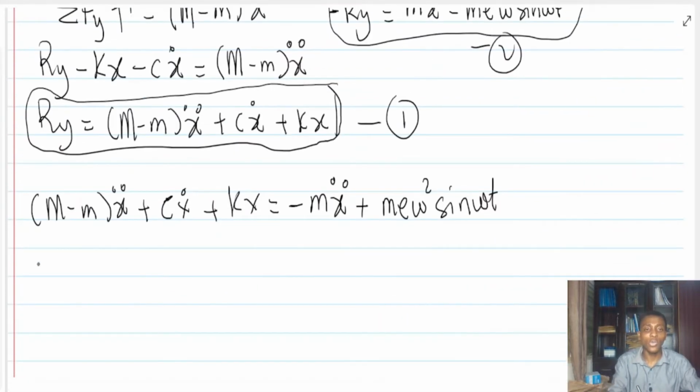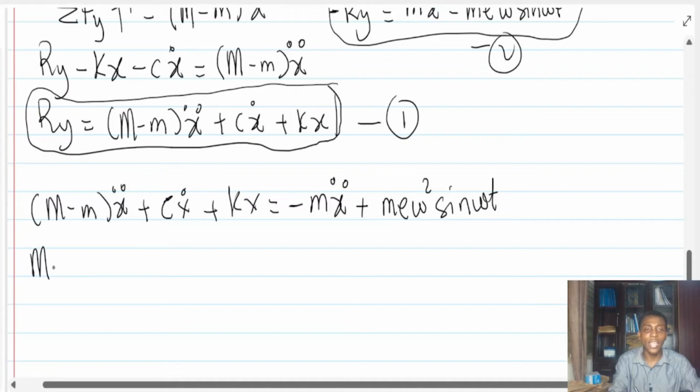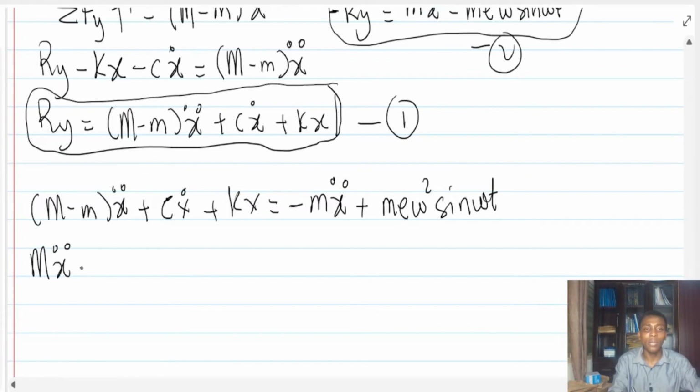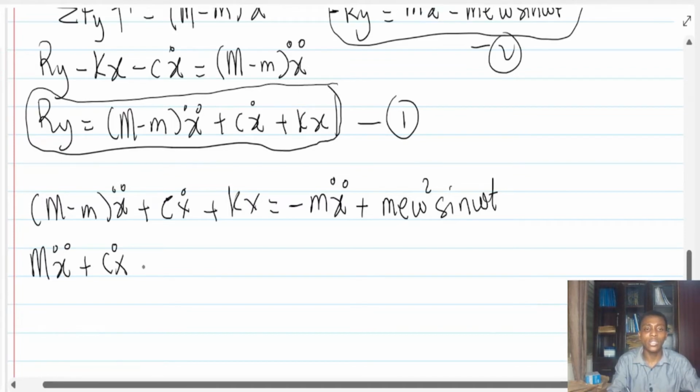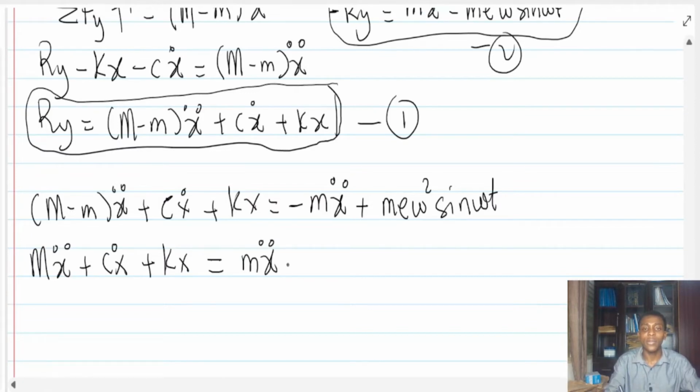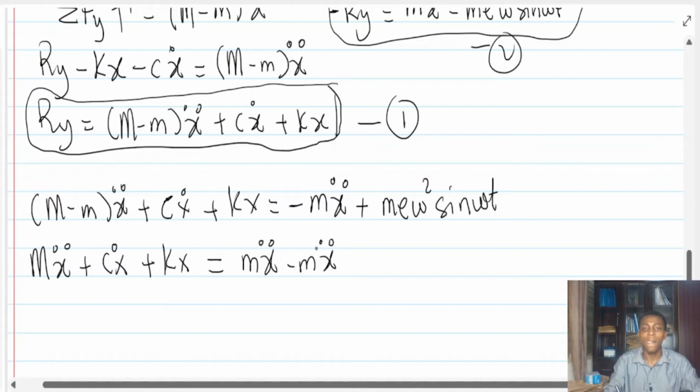Let's play around with this. So I'll get big M x dot dot plus cx dot plus kx, and this will be equal to, the small m is minus here, so it will come here to become plus, then I'll have m e omega squared sine omega t.